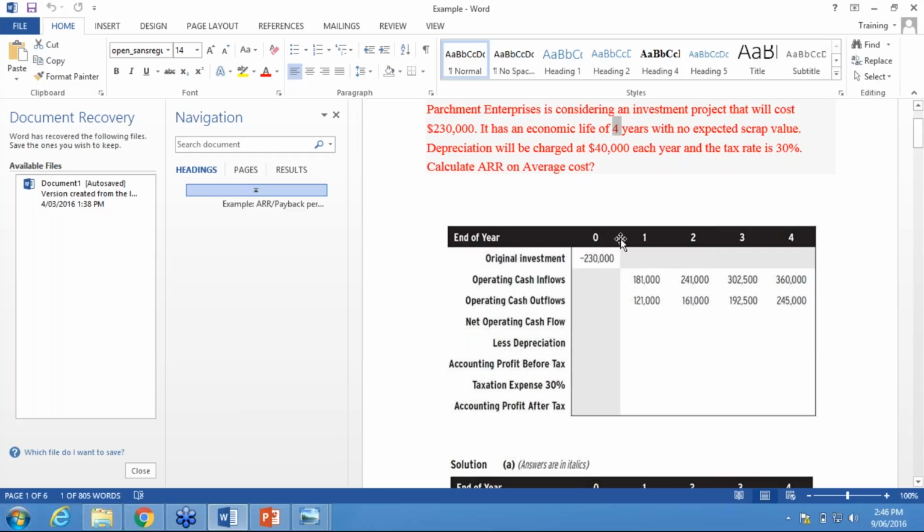Cash inflows for year 1, year 2, year 3, and year 4. Operating cash outflows. Cash inflows and cash outflows means you haven't considered any non-cash expense item yet. So that means depreciation you haven't subtracted yet. And why am I saying depreciation?